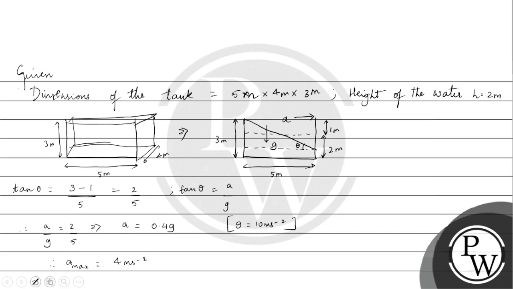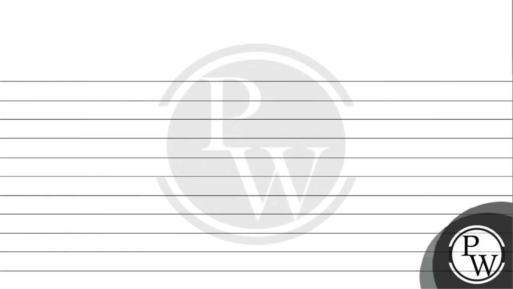तो ये है मैक्सिमम एक्सेलरेशन जिसके ज़रिए पानी टैंक के अंदर ही रहेगा and there will be no water which will be spilling. So second question, they want us to find what is the fraction of the water spilled अगर acceleration is increased by 20%.